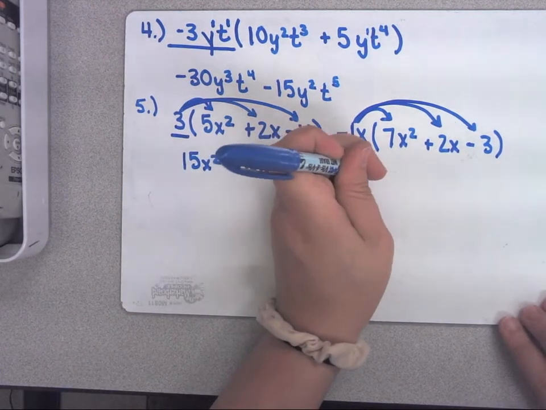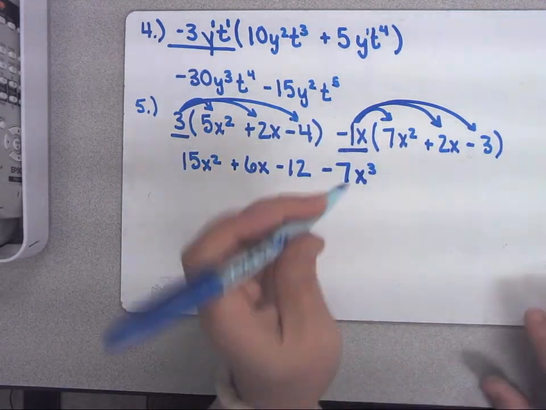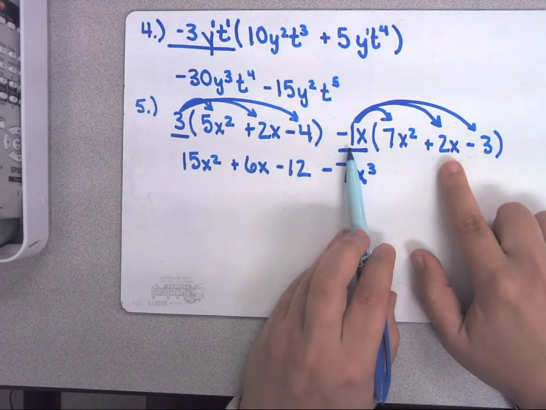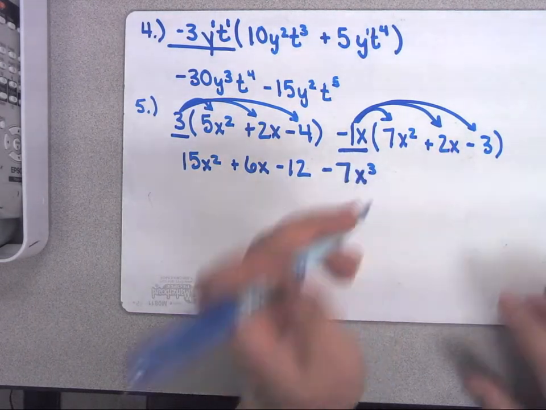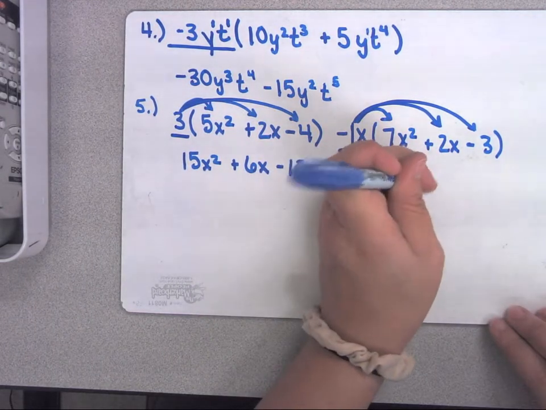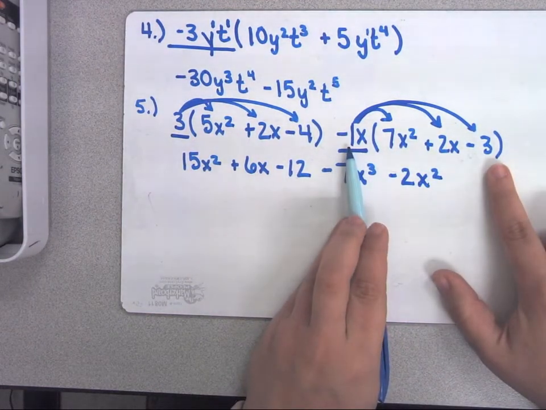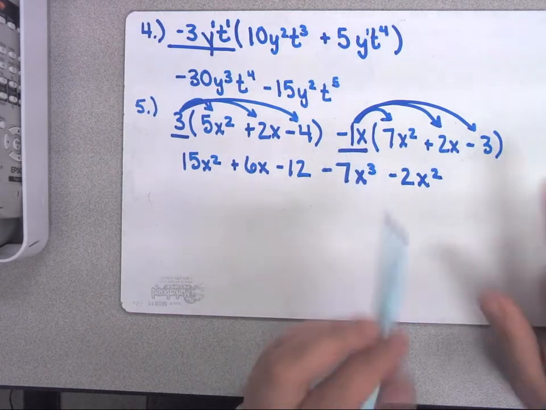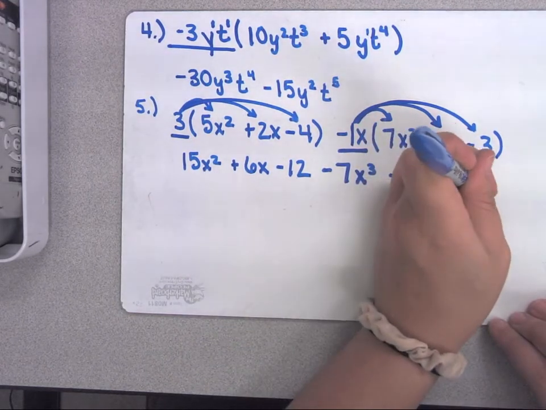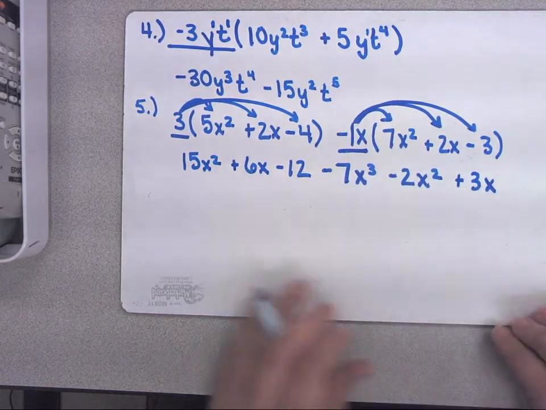X to the third, correct. The next one, what are you going to get? Yep, -2, x to the second. And the last one, what are we going to get? Oh, plus, because negative times a negative. So plus 3, and then you carry down the x.